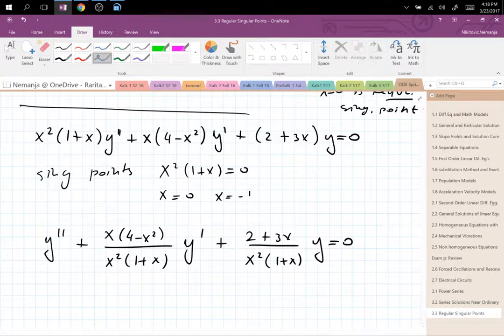Now you hopefully see that these guys cancel, right? So we do have over x and we do have over x squared. So now what is the p of x?